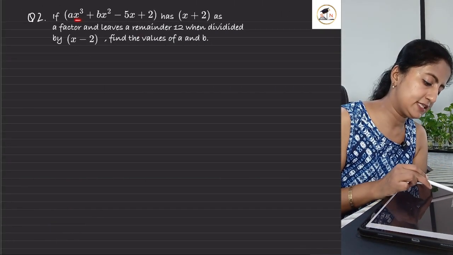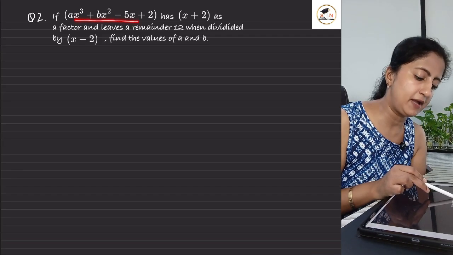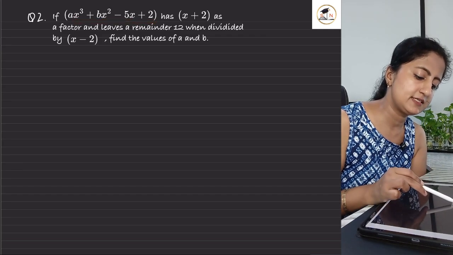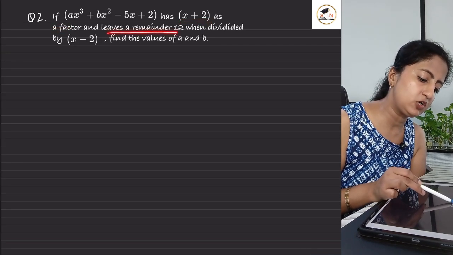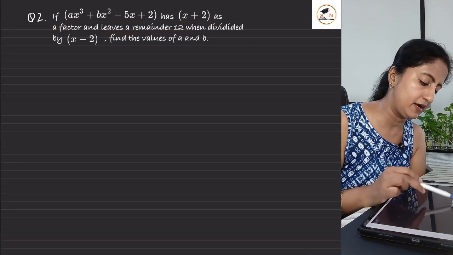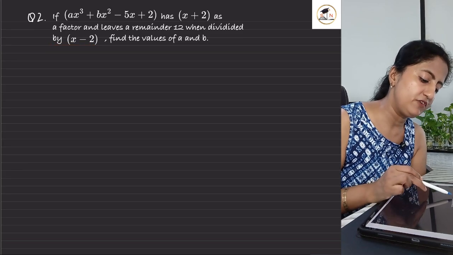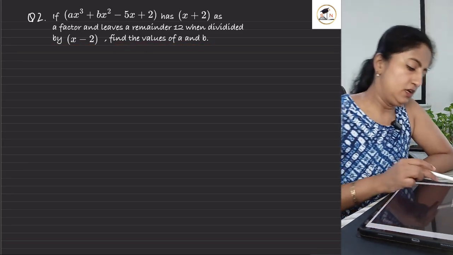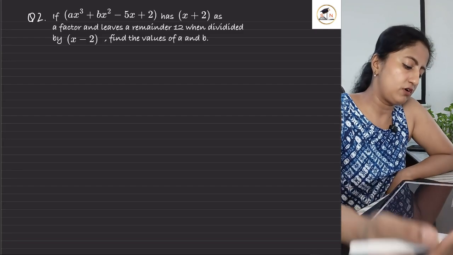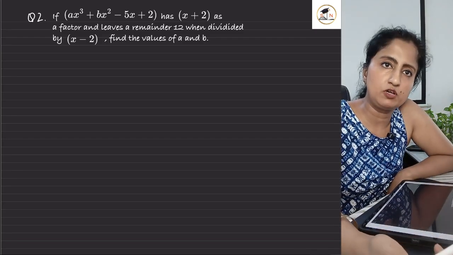If ax cubed plus bx squared minus 5x plus 2 has x plus 2 as a factor and leaves a remainder 12 when divided by x minus 2, we are supposed to find the values of a and b. So now what do we have? We have got a polynomial, main polynomial.